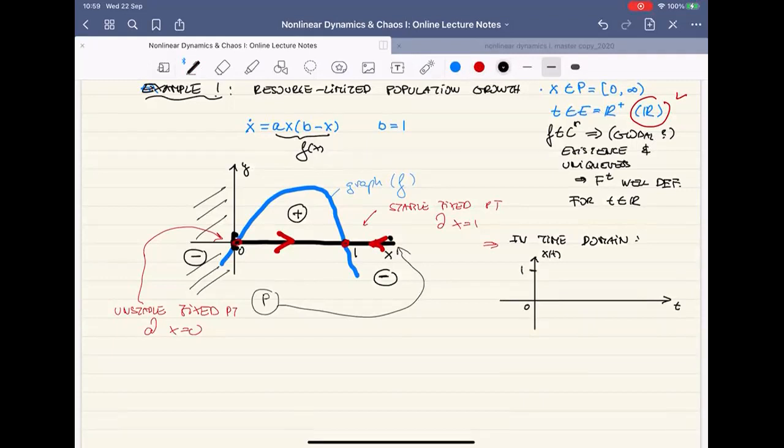Okay, so what do those look like in the time domain? Well, in the time domain, a fixed point just looks like a flat line, right? And the other fixed point also looks like a flat line because it's not changing. I do put an arrow on it because I'm actually running along that curve in the extended domain or space and time.